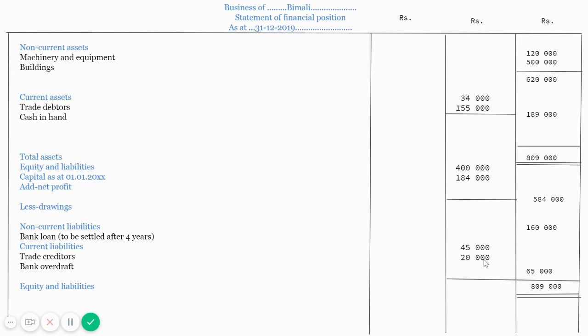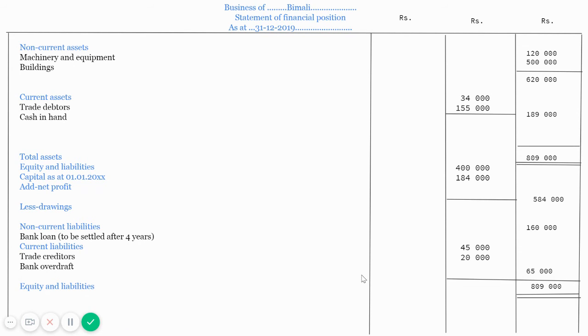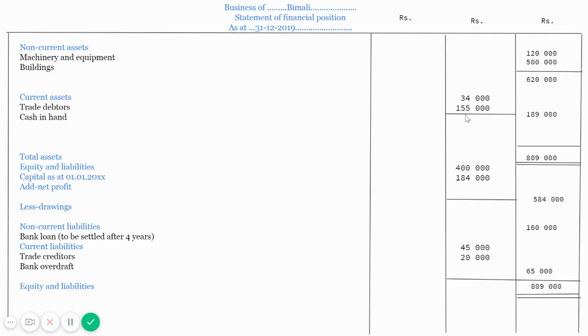It's a short-term liability. Then cash in hand. That's actually the cash balance in the business, physical in the business. So that will be a current asset. We have to list it under current assets. Here it says it's 155,000 rupees.